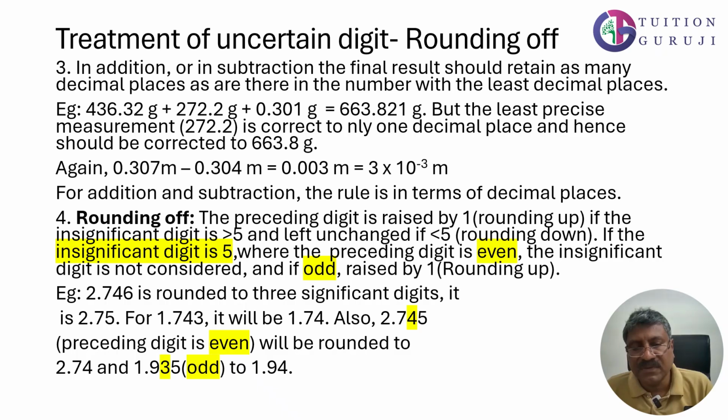For 1.743, it will be 1.74 since the insignificant digit 3 is less than 5. Also 2.745. Here the preceding digit is even, therefore it will be rounded to 2.74. And 1.935 will be rounded to 1.94.